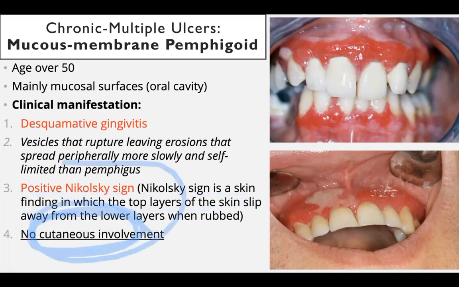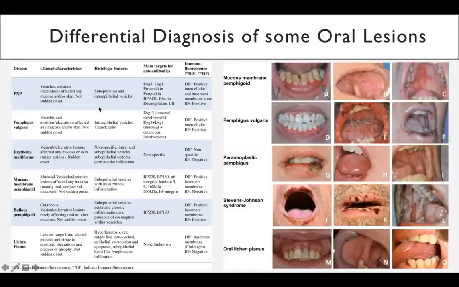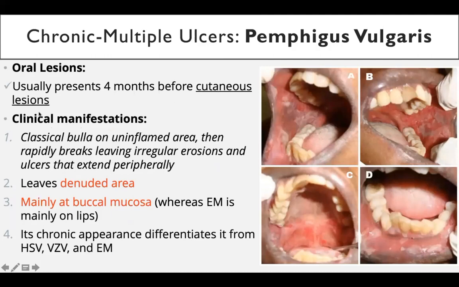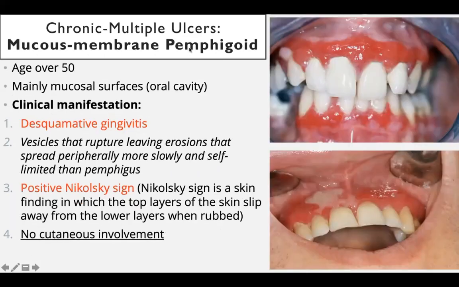So if there are chronic multiple ulcers here and after 4 months there are cutaneous lesions, then it must be pemphigus vulgaris, because mucous membrane pemphigoid has no cutaneous involvement, unlike pemphigus vulgaris. The other differentiating factor was that both were chronic, but mucous membrane pemphigoid was slower to progress or spread peripherally, and it also was self-limited.